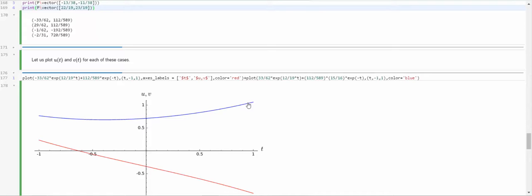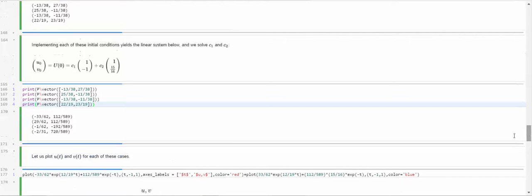Now remember, Y and V correspond to blue, and U and X correspond to red, and sure enough, the V behavior dominates.